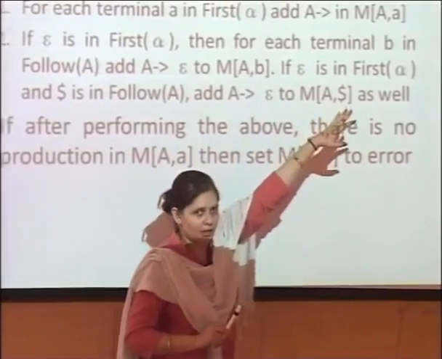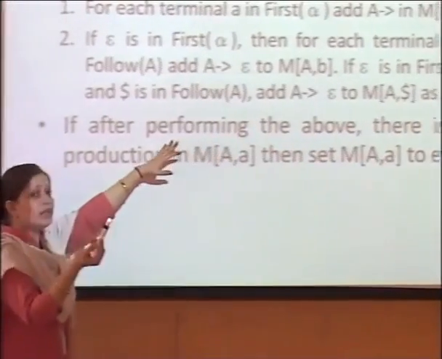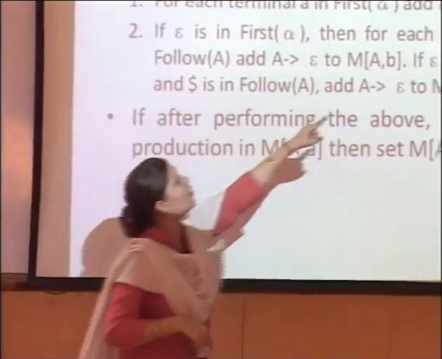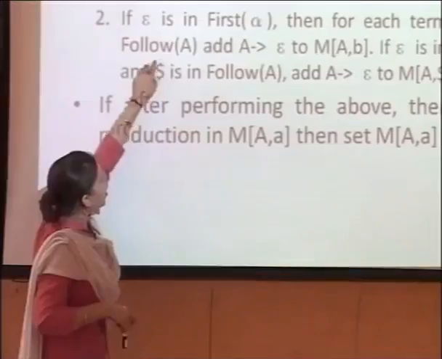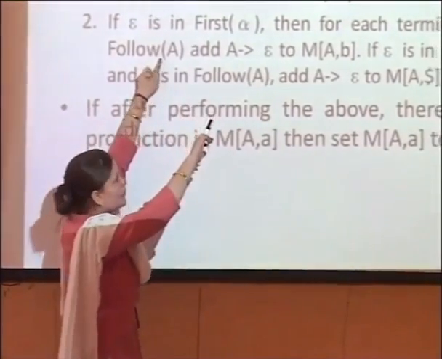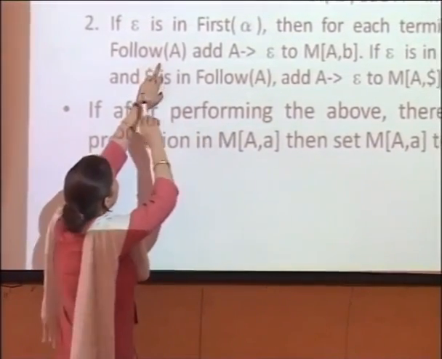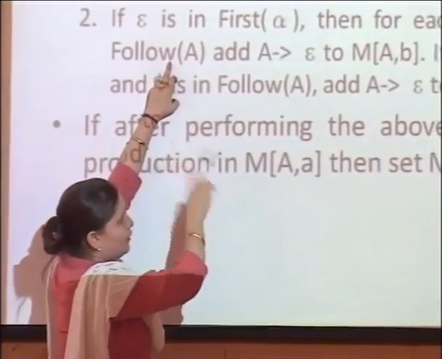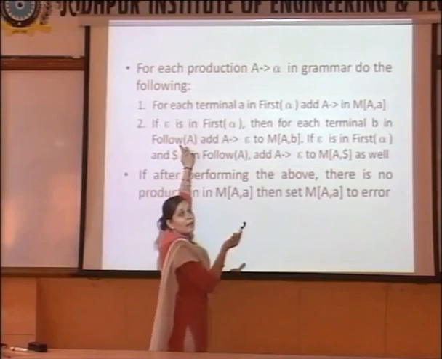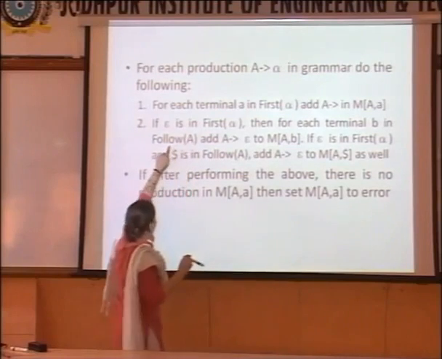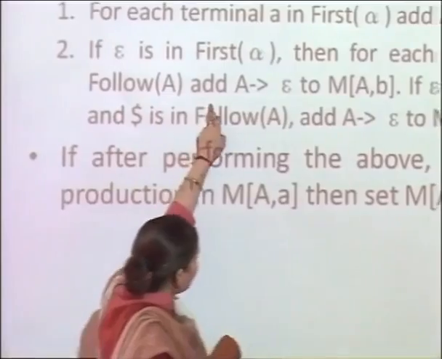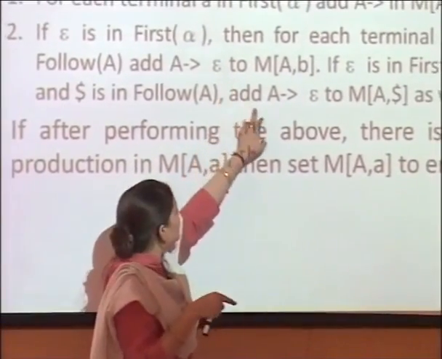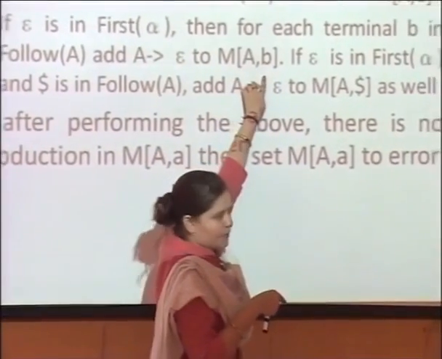for each terminal b, that terminal is another terminal, in follow of this capital A, are you people getting? If an empty string is in first of alpha, then for each terminal b that exists in follow of A and A has a null production, we will make an entry M[A, b].